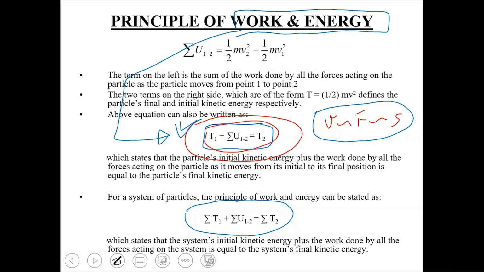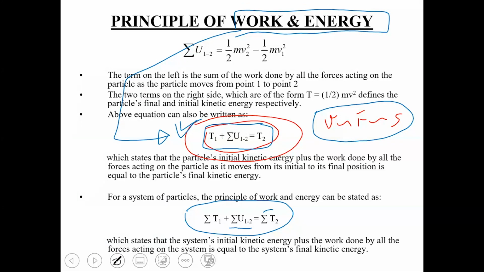When you apply it on a system, this would become summation T1, which represents the total kinetic energy of the system at position 1, plus summation U1 to 2, which is the sum of work done by all the forces in moving that system from position 1 to position 2, should be equal to the final kinetic energy of the system, which is summation T2.